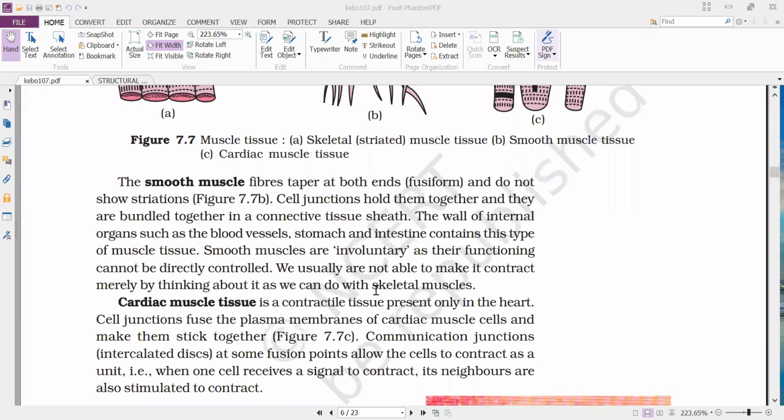For example, if I want to lift a bucket, I give instructions to the muscles of my hand to contract up to the point where I lift and place it. So skeletal or voluntary muscles are completely under my will.